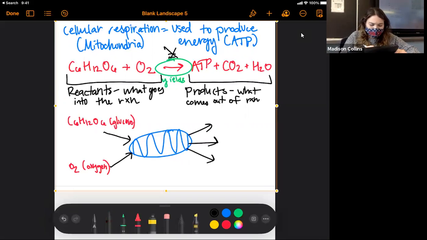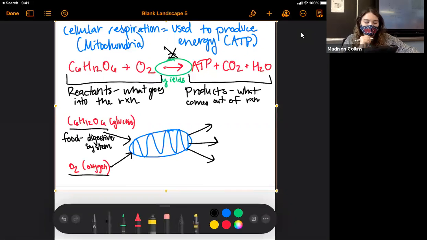But where does this glucose and where does this oxygen come from? We've been talking about the digestive system, right? And that is to prepare you for this process, because this glucose that we get comes from the food that we eat, which has been broken down in the digestive system. Okay, but where does this oxygen come from?